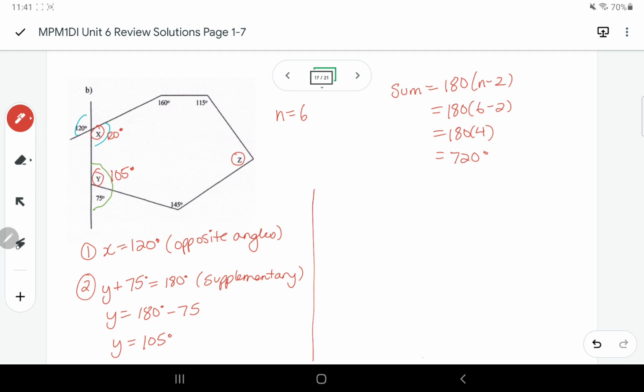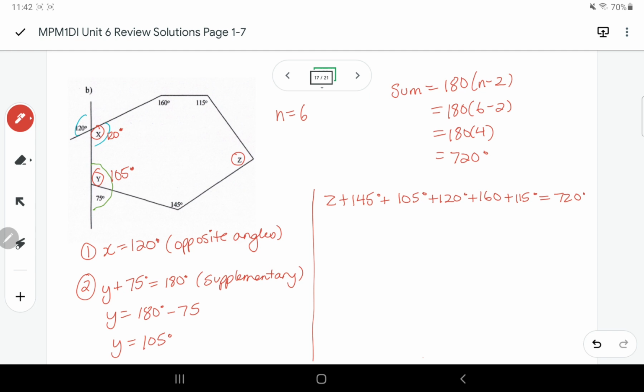Now I'm going to make an equation for z. I know that z plus 145 plus 105, which was my y, plus 120, which was my x, plus 160 plus 115 equals 720 degrees. Notice how I kind of went around in order. Just be really careful, double check you've got 1, 2, 3, 4, 5, 6 angles, that you didn't miss any.